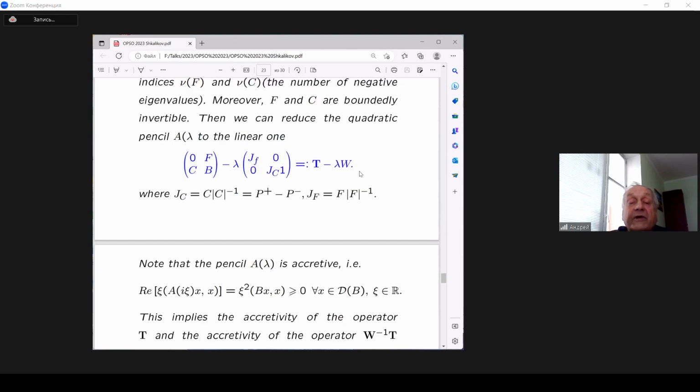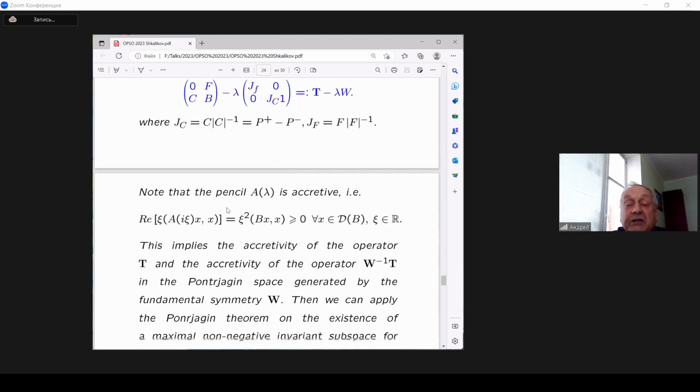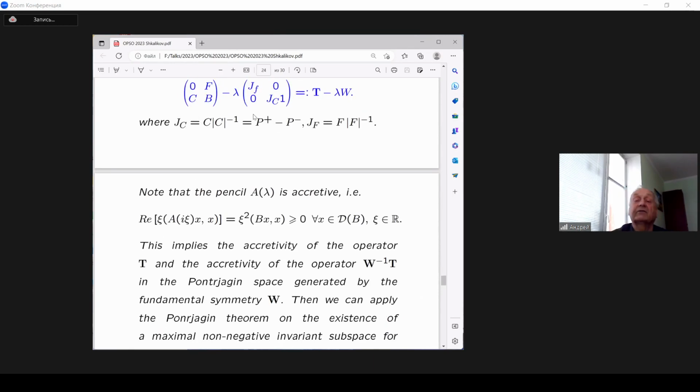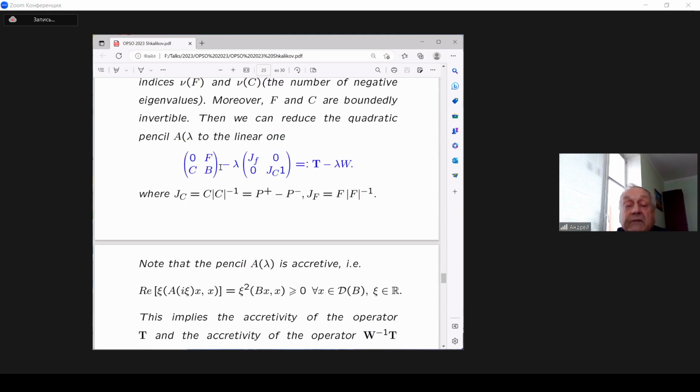Actually, the new theorem is also that we can work not only with positive F and positive C, but we can assume that the indices of inertia of these operators C and F are finite. Indices of inertia means that the number of negative eigenvalues of these operators F and C is finite. And in this case, we can reduce our pencil to this one.